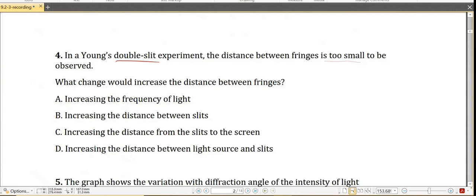Whenever you see the words too small, that means they are talking about negligible slit width. What change would increase the distance between the fringes? So when you talk about double slit, it's of reasonable slit width, then the distance.